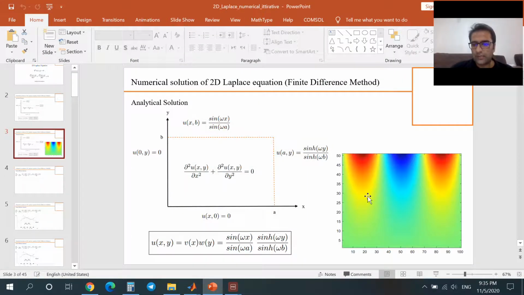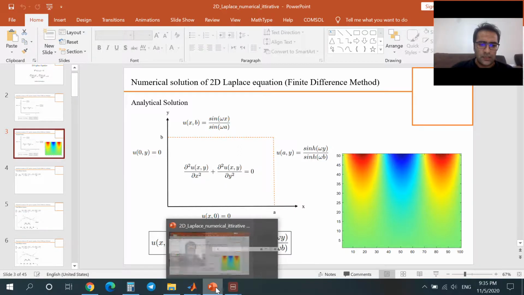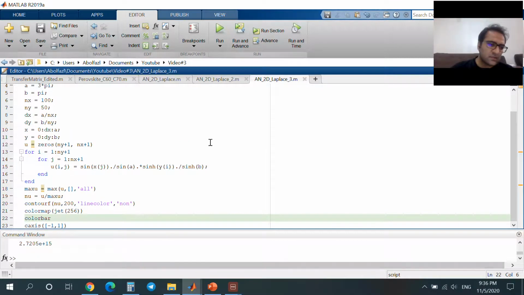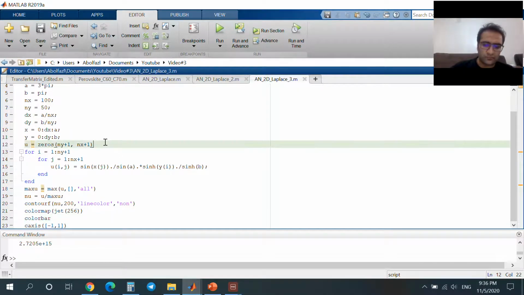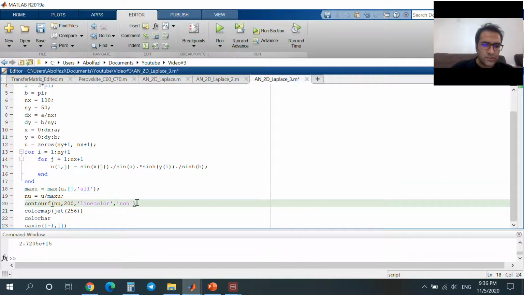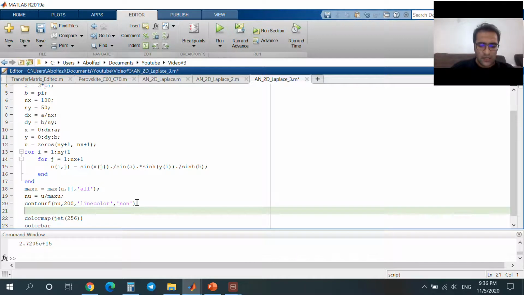Okay, and you see the same plot that we had here. At the previous time I plotted it using the meshgrid command, and that's also simple. You can use that, no matter. Okay, and let's define the title here.